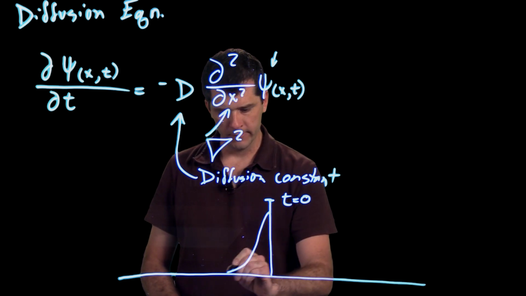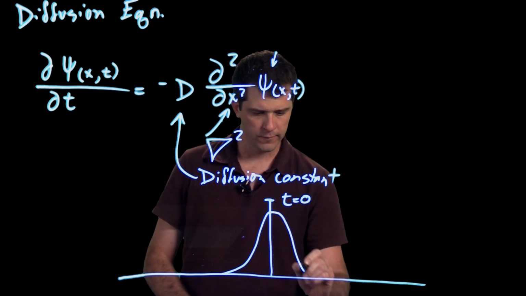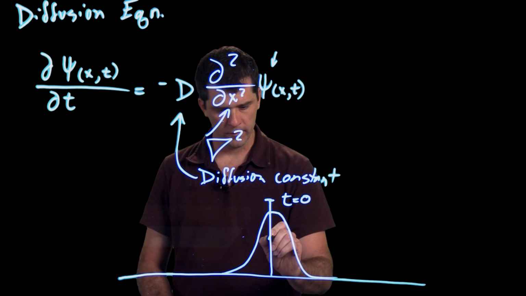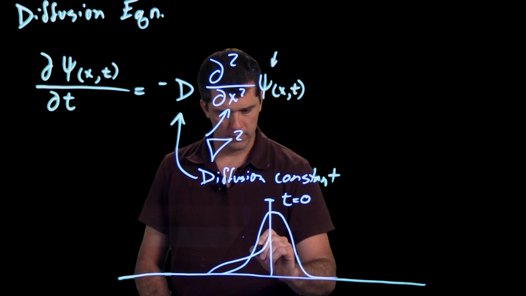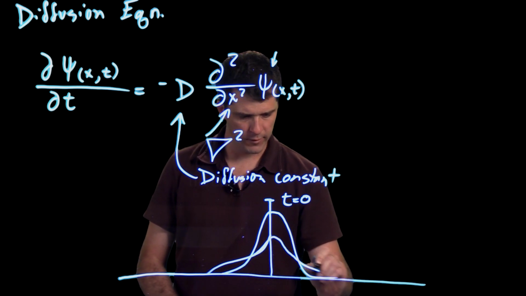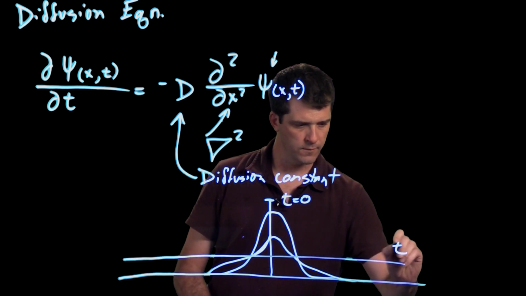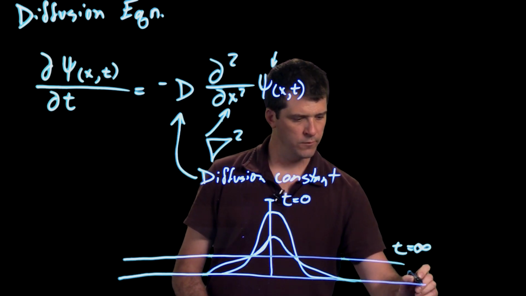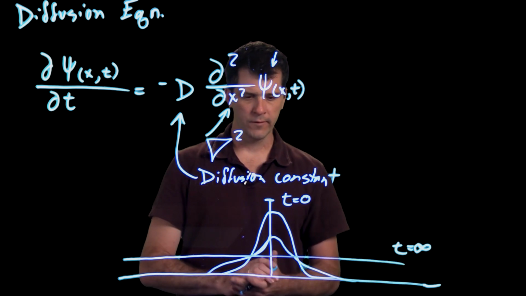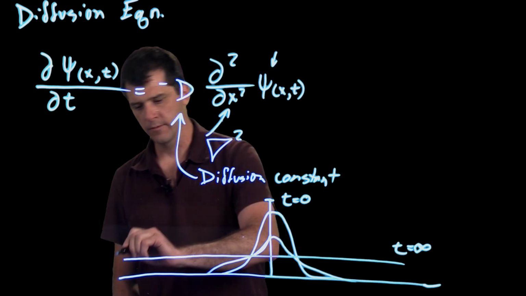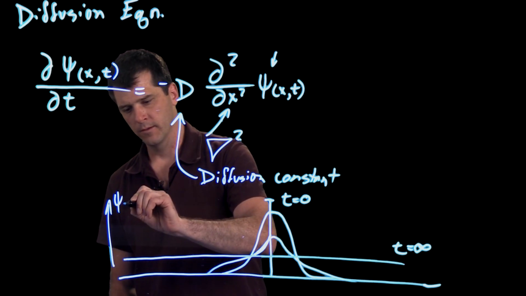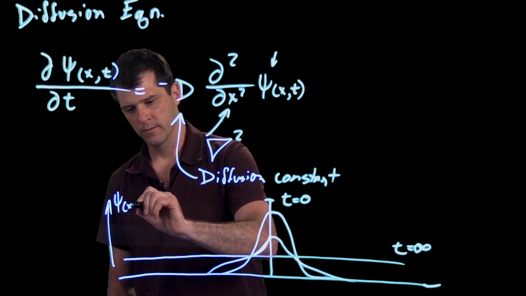So what we have to have is that the area under these curves has to be conserved over time, but that it spreads out, and eventually at time equals infinity, it has to be uniform everywhere over the entire domain of solution. So this here would represent the psi of x.